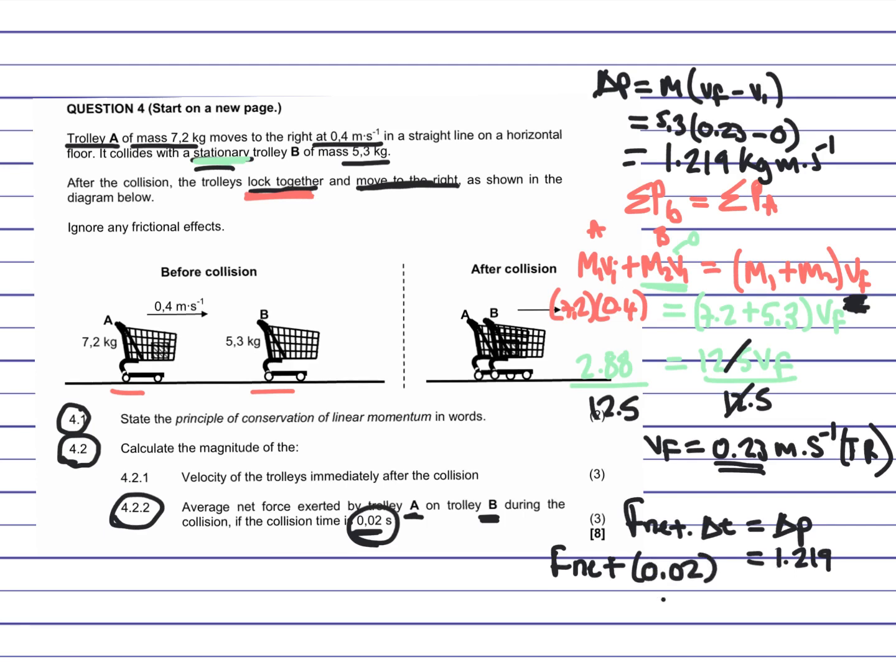Then we divide by 0.02 on both sides, and therefore the force will be 1.219 divided by 0.02, and we got 60.95 newtons. We say to the right, that is your force.